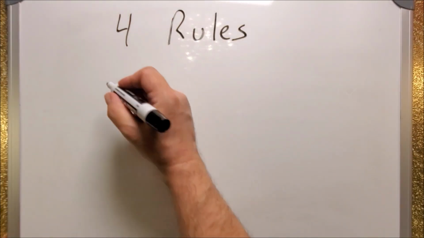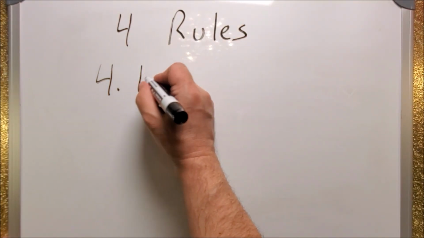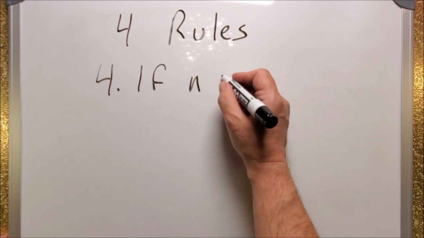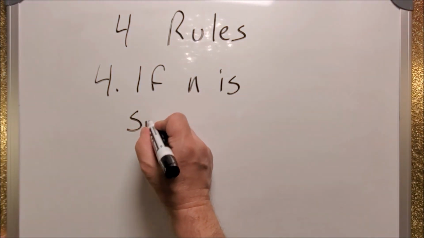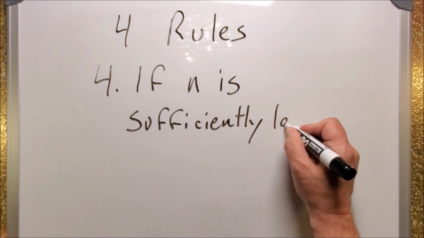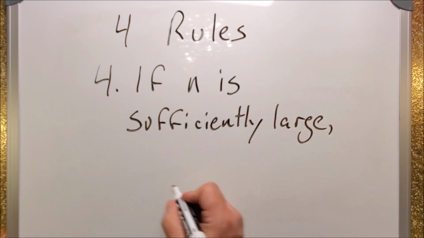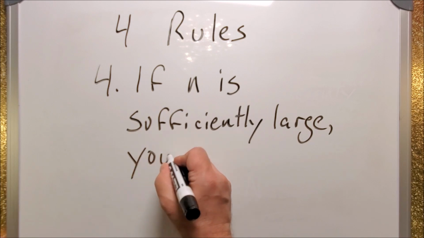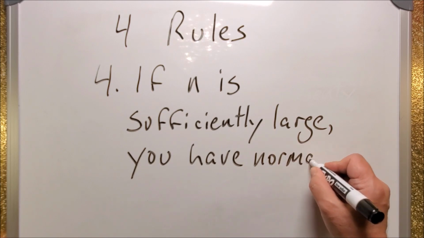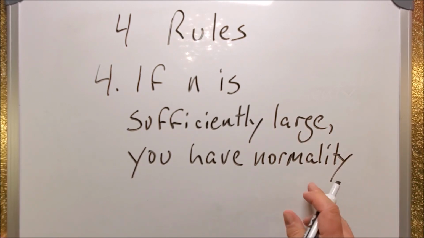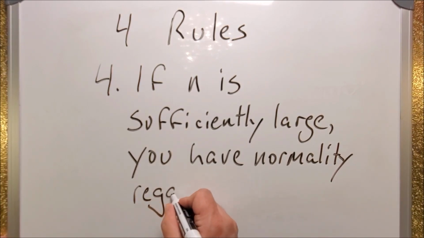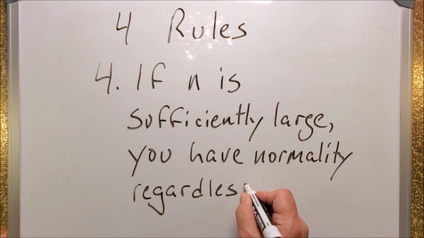Okay, this fourth rule is really interesting. Rule number 4 says if n, your sample size, is sufficiently large, then you have normality, meaning a normally shaped sampling distribution, regardless.